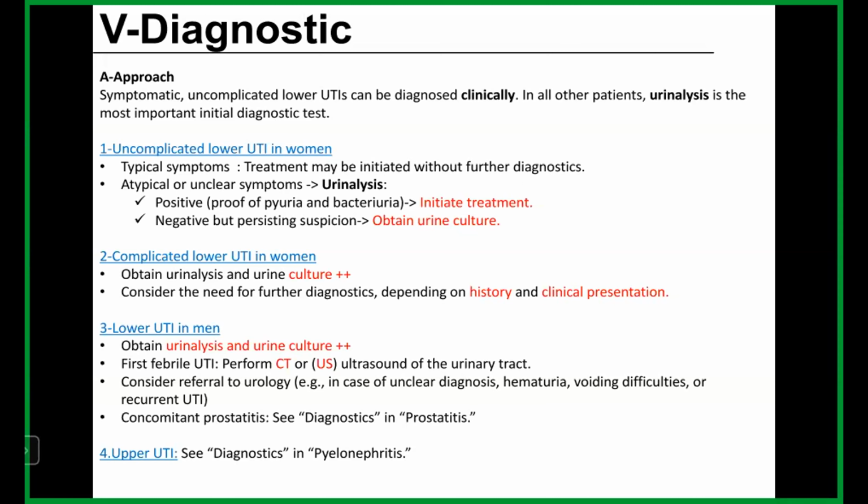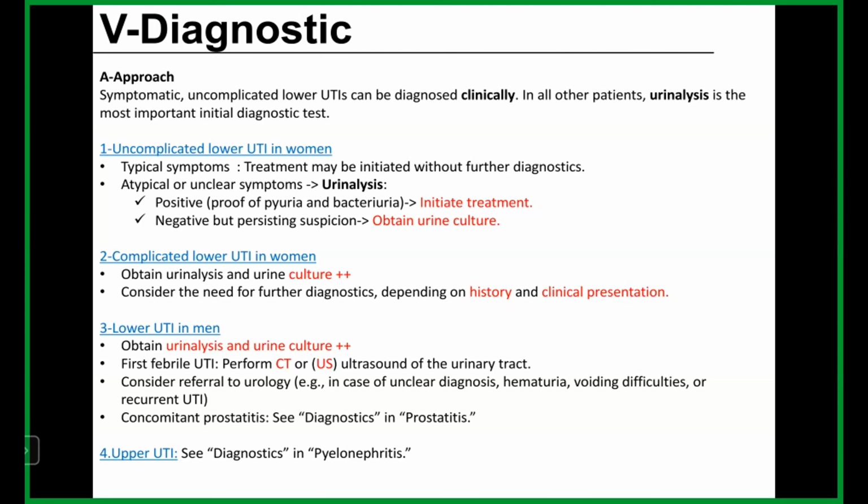We could say clinically the patient comes with these 3-4 signs, and it's very clear we have to start the therapy. Here we see that these 4 topics are going to be easy for us. We have the uncomplicated lower UTI in women. They have the typical symptoms, and we have to start the therapy.